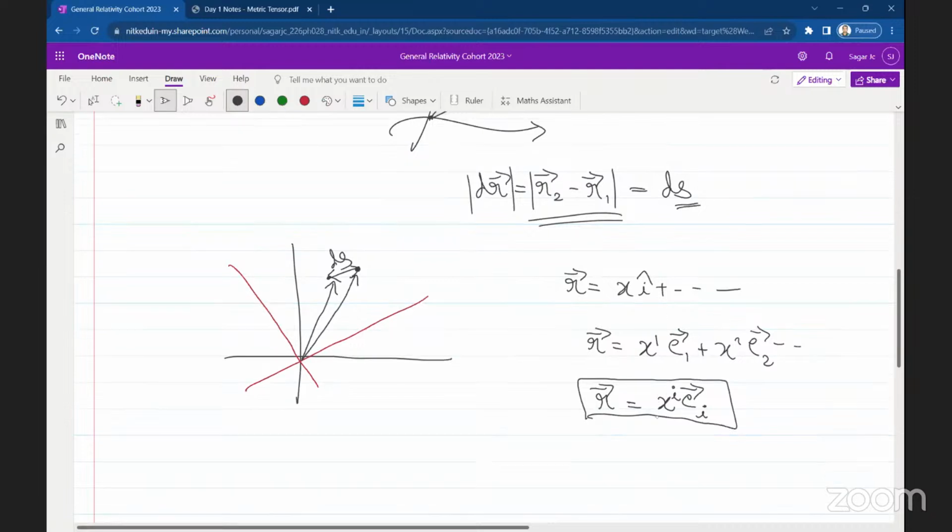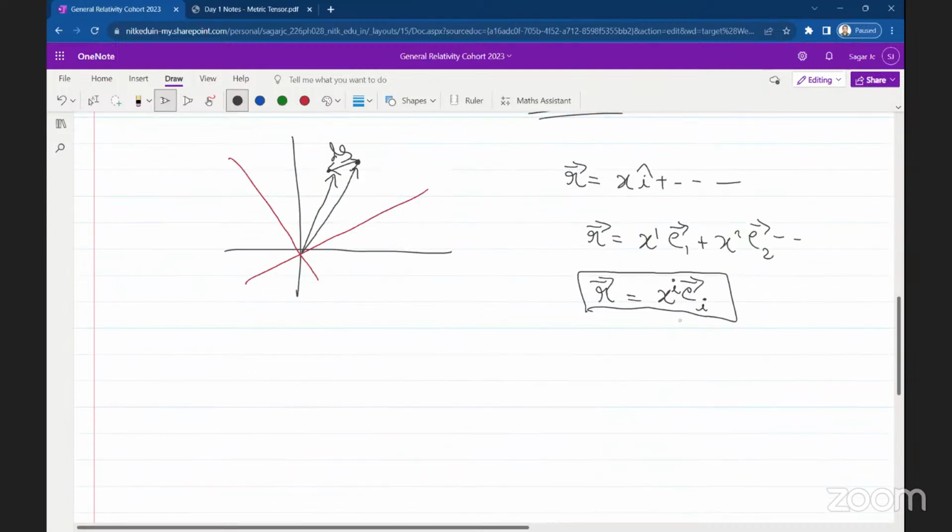Okay, so if this is the r vector, I can also write it differently. This i is a dummy index, so it doesn't matter if I write i or j. The only constraint is that the superscript of x and the subscript of e vector should be the same. So I can write it as xj ej.